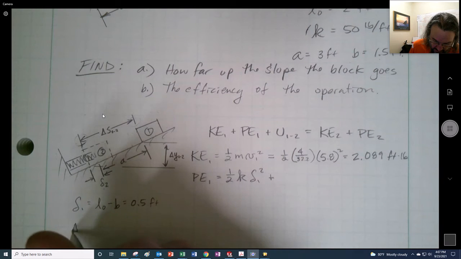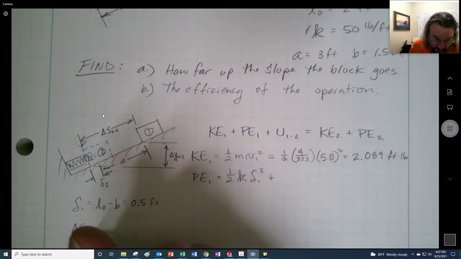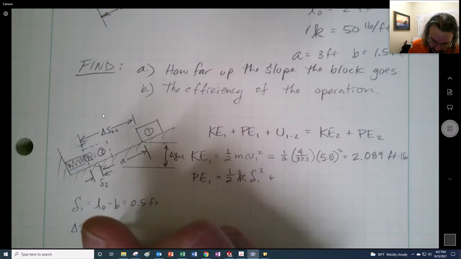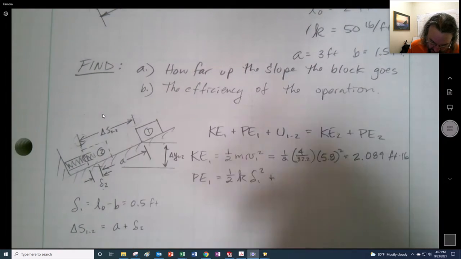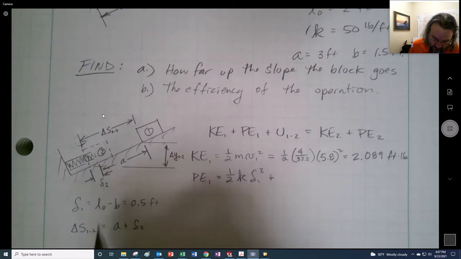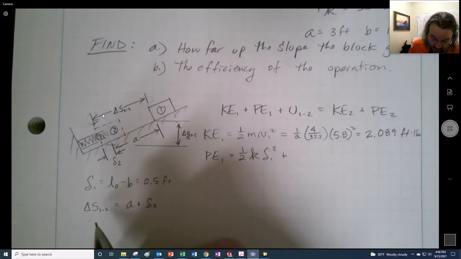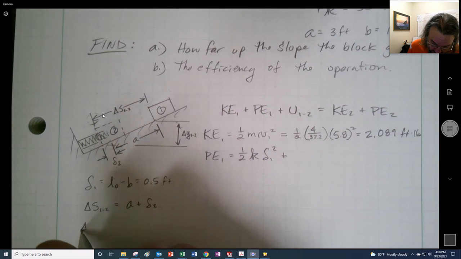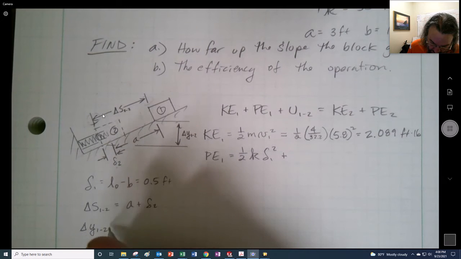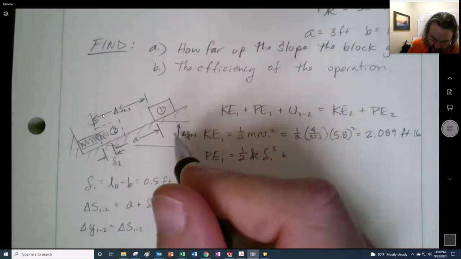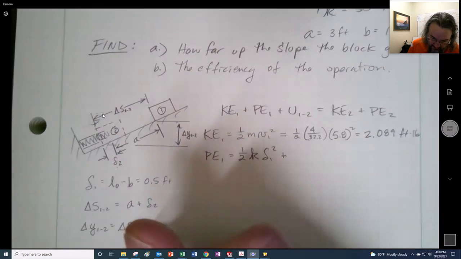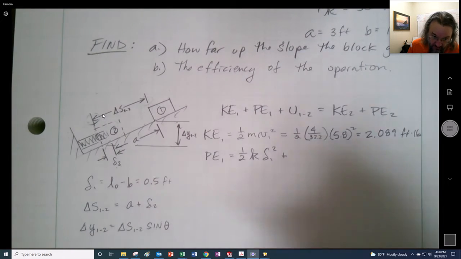So I'll say that delta S 1 to 2 is going to be equal to A plus del 2. Other things I'm writing over to the side, delta y 1, 2 is delta S 1, 2 times the sine of theta.